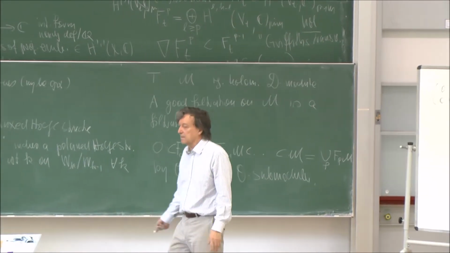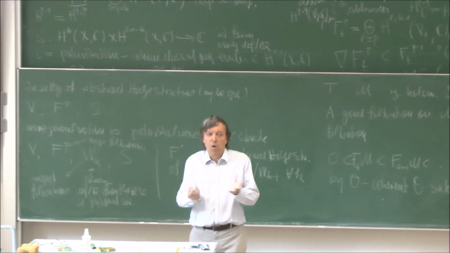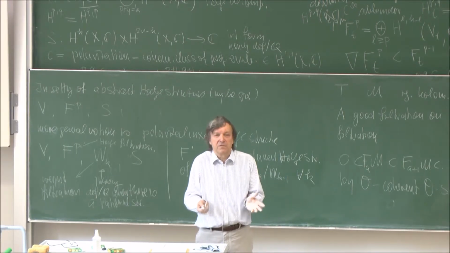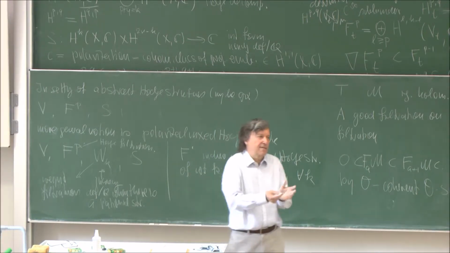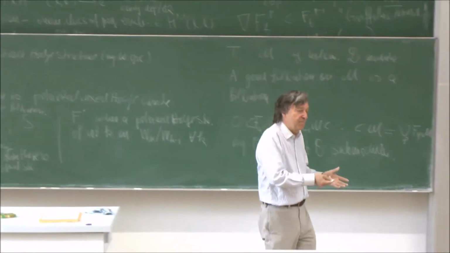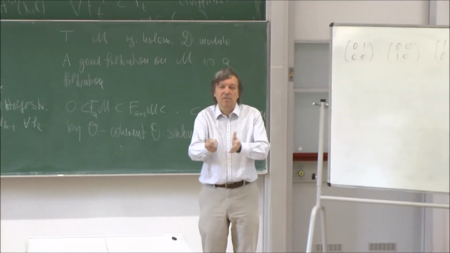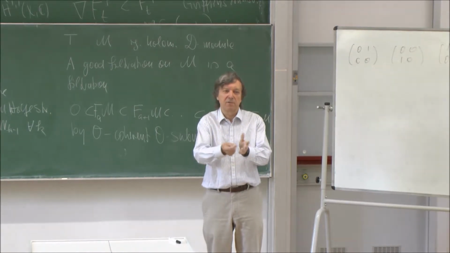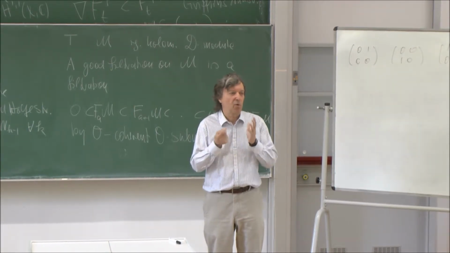Although the obvious D modules, like O, I mean O is a D module, and of course it is coherent. But let's take what the delta function at the origin generates when you apply D. That is not O coherent.